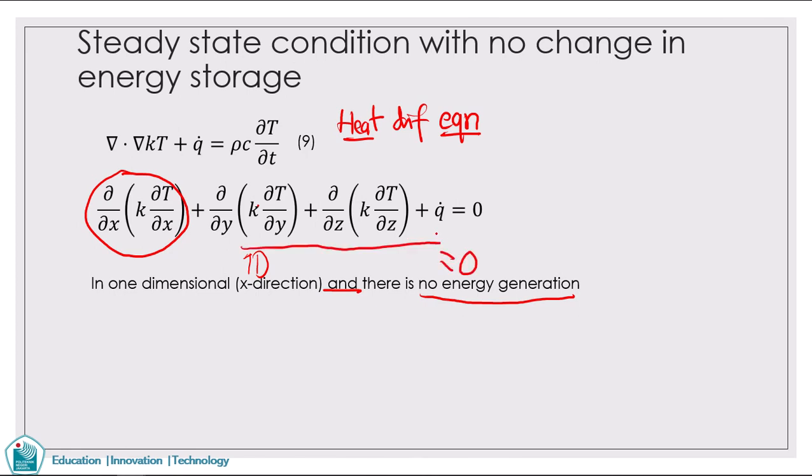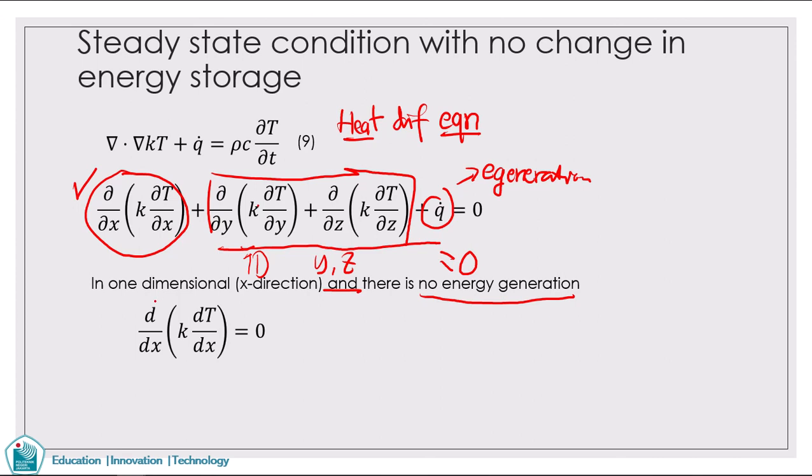So this term will equal 0 because this is for the energy generation. And this term is for the y and z coordinates. Since it is one dimensional, only this one is valid. So the equation can be written simply as this equation.